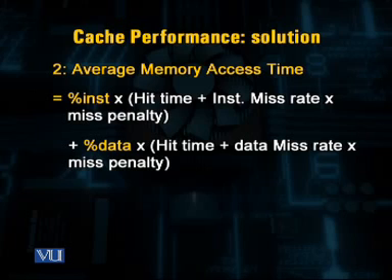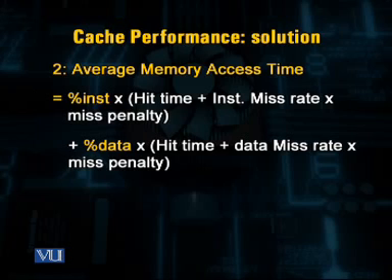The memory access time for instructions is equal to the percent instructions multiplied by the sum of hit time and the instruction miss rate multiplied by miss penalty. Similarly, the data access time is equal to the percent data multiplied by the sum of hit time and the data miss rate multiplied by miss penalty.